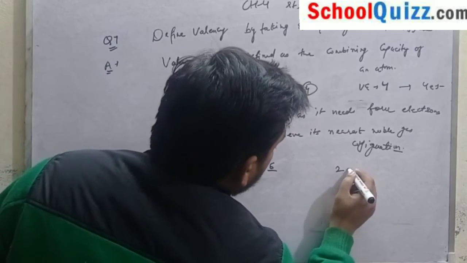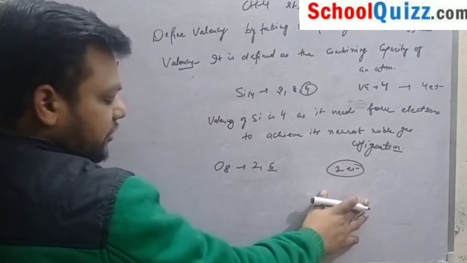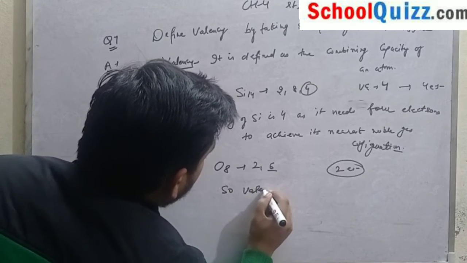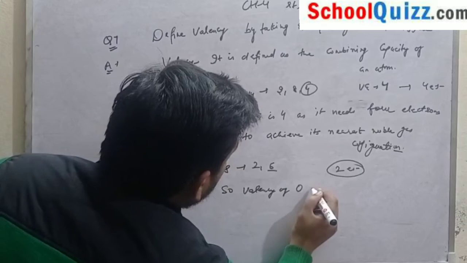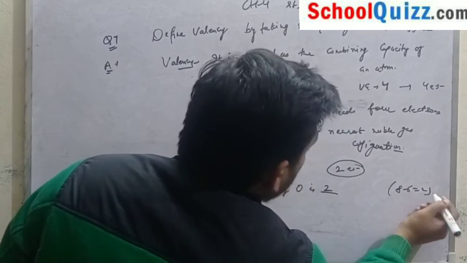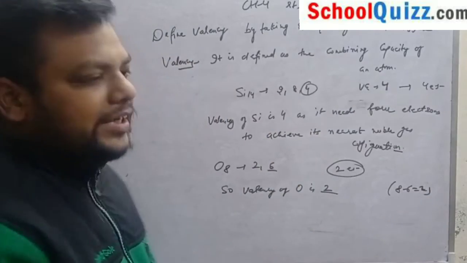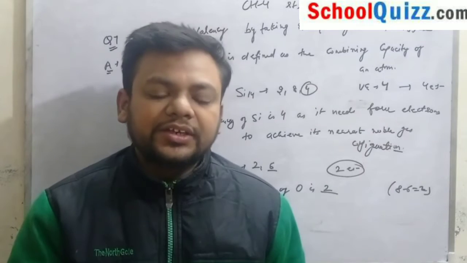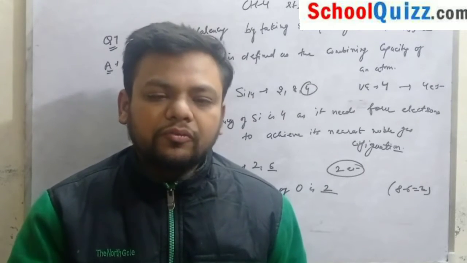So it needs just 2 electrons. So the valency of oxygen is 2. We can write it as 8 minus 6 equal to 2, because it needs just 2 electrons to achieve its noble gas configuration, that is of neon.